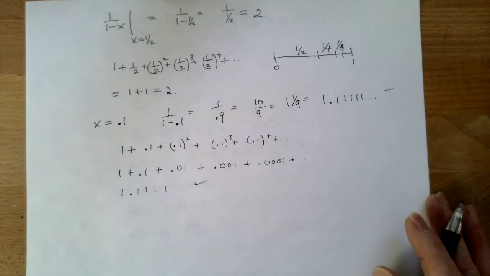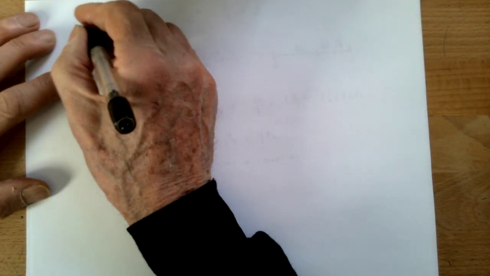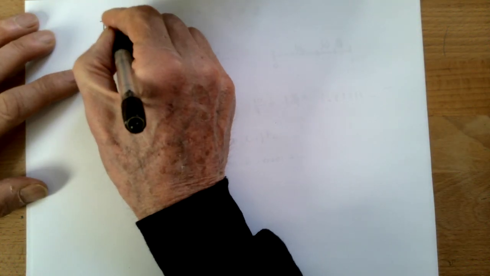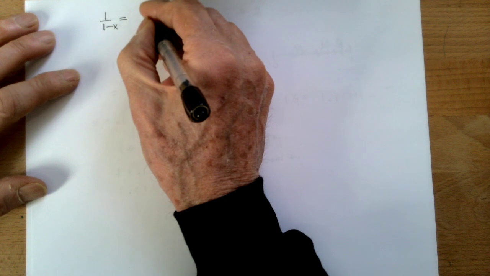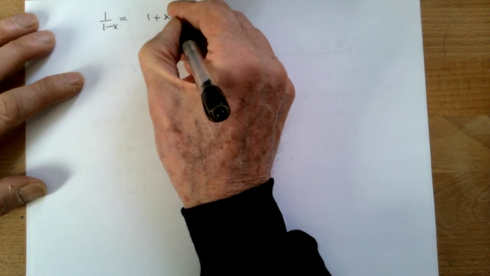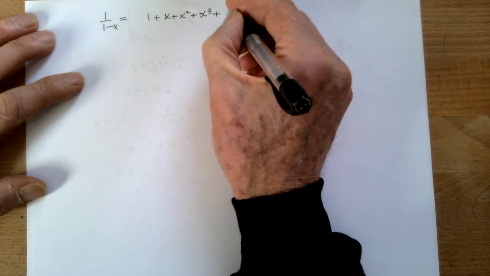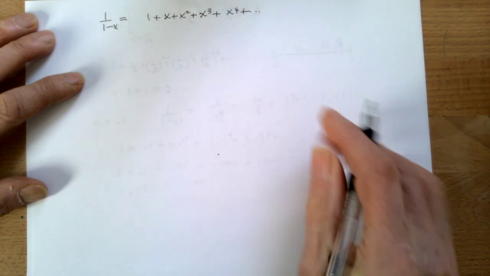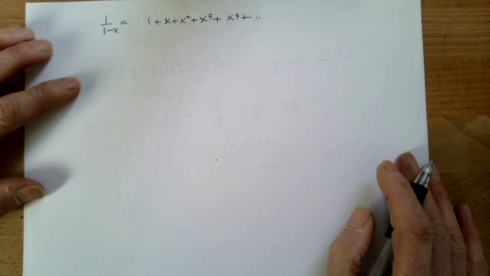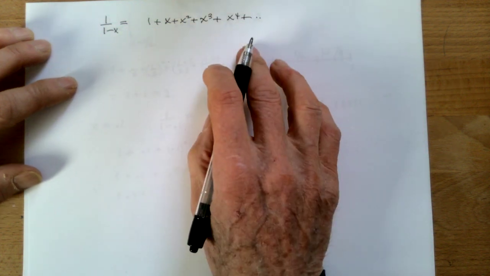Now, there's something else we can do with this formula, which is kind of clever. Let's write it out again: 1 over 1 minus x equals 1 plus x plus x squared plus x cubed plus x to the 4th plus dot, dot, dot. Another thing we can do with this formula is integrate both sides.